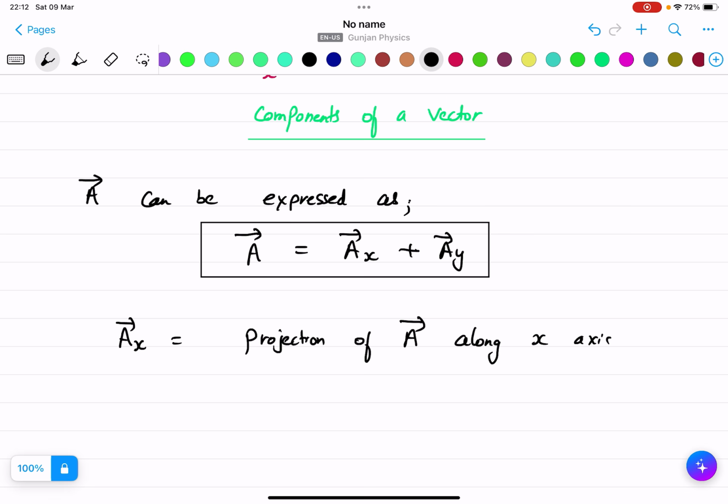X-axis, right? And what will be AY? AY equals to the projection of a vector along y-axis. Okay.